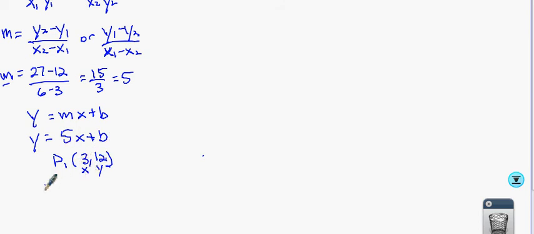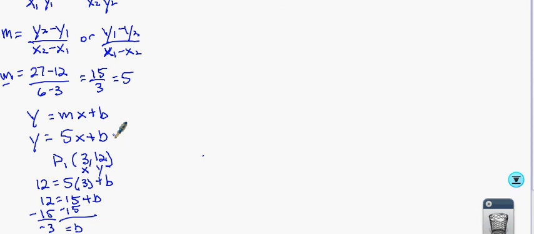So we will go 12 equals 5 times 3 plus b. 5 times 3 being 15, and subtracting 15 from both sides of the equation, I wind up with b being equal to -3.